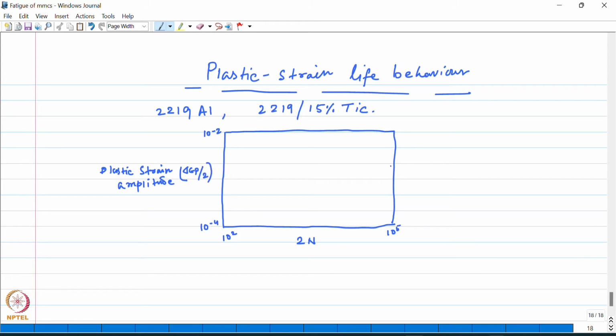So here the unreinforced matrix lies somewhere here, and the composite is somewhere around here.